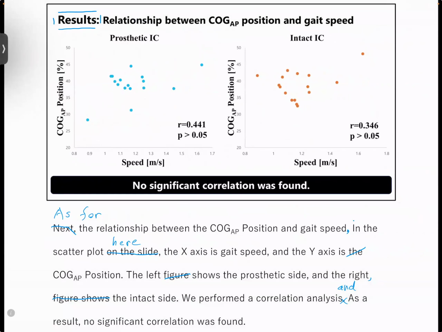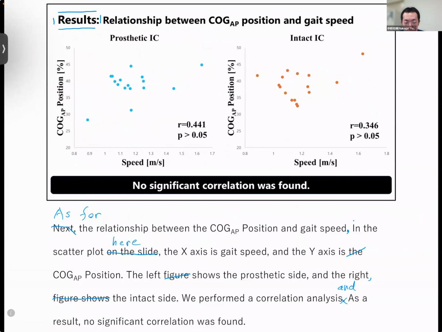As for the relationship between the COG sub AP position and gait speed, in the scatter plot here, the x-axis is gait speed, and the y-axis is COG sub AP position.